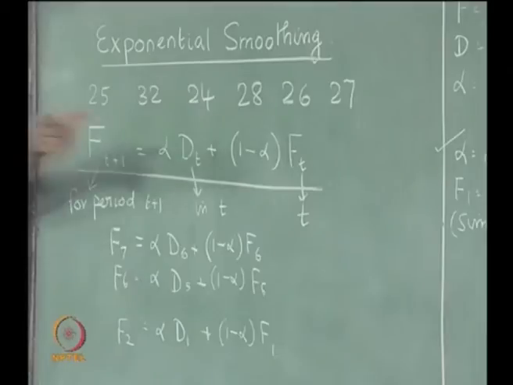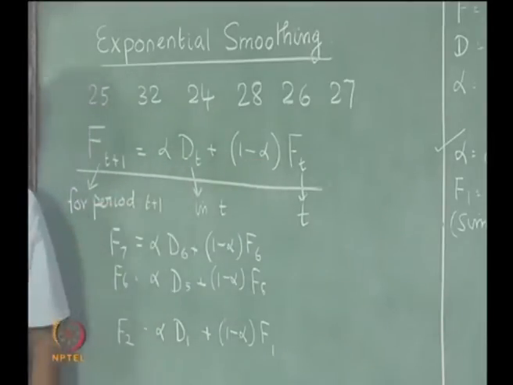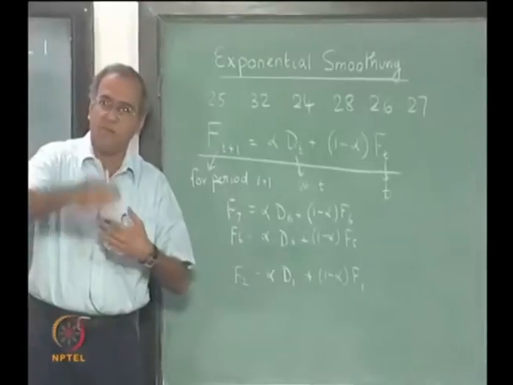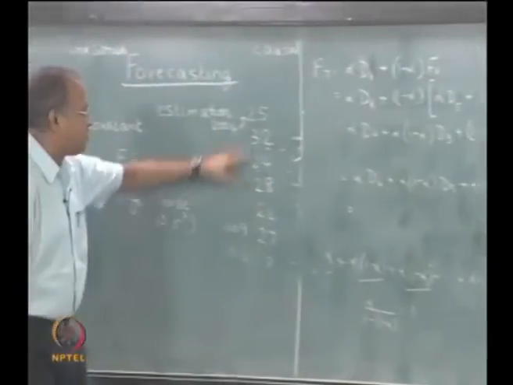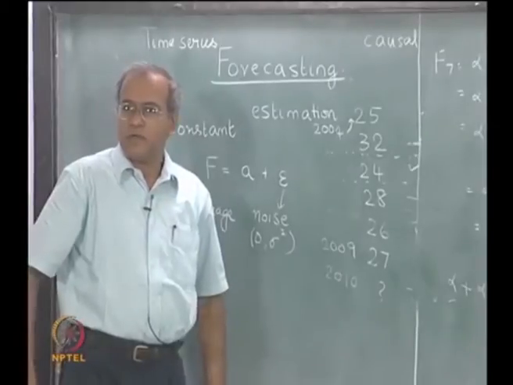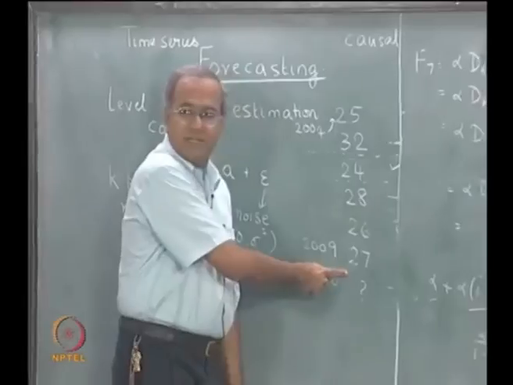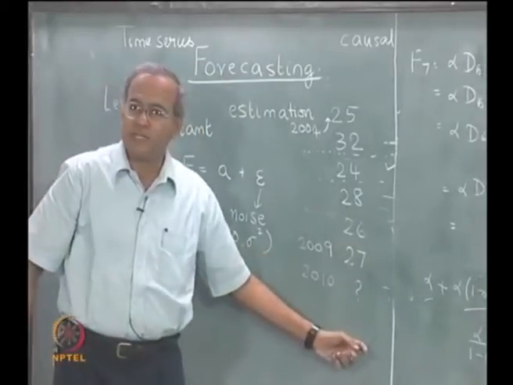If alpha is small, 0.2, then obviously the contribution of forecast is higher. But if we look at it very carefully, we would want the contribution of forecast to be higher. The whole forecasting comes because this demand is not extremely stable and it exhibits a certain amount of noise. Just for the sake of argument, if all these numbers were 27, then we do not need forecasting and we would say that the next value is 27.